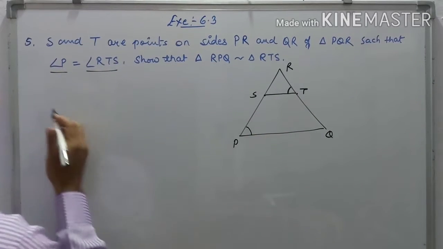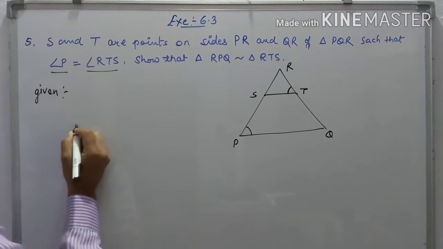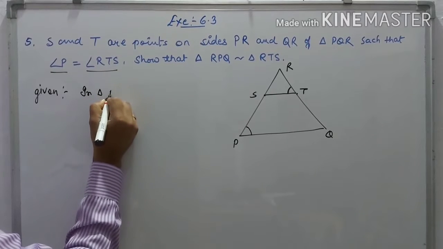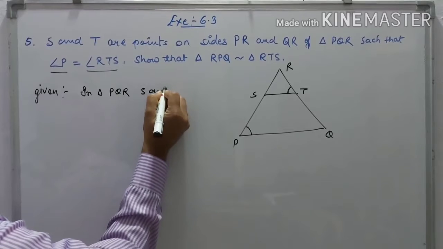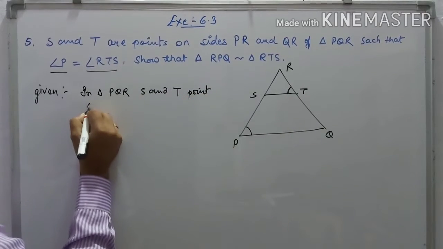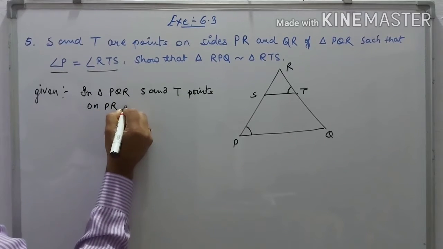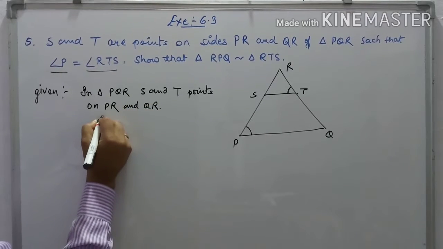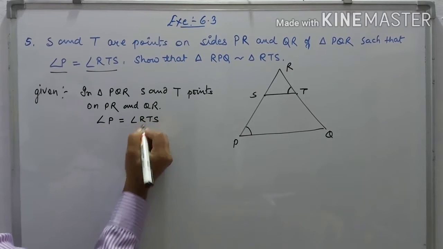Now you prove. First we will write the given: in triangle PQR, S and T are points on PR and QR, and one condition is that angle P is equal to angle RTS.